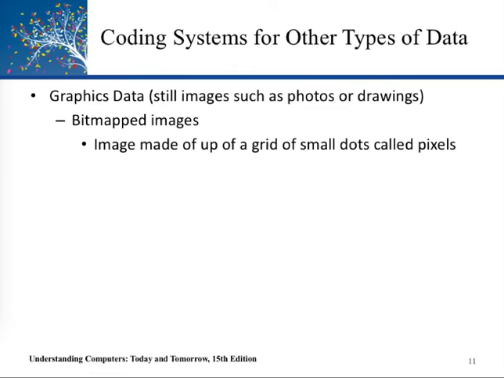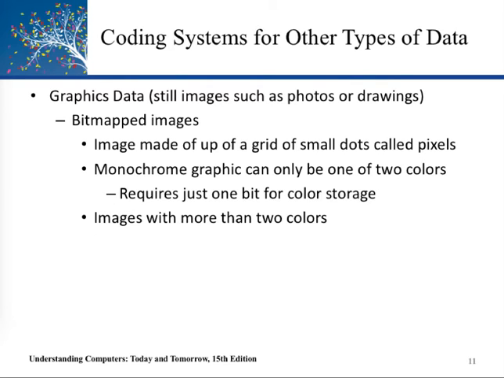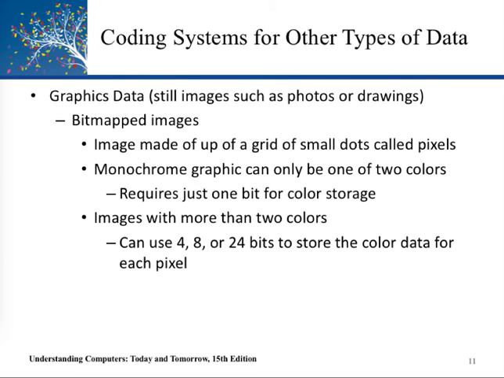And there's an axis, a Y and an X, and where that dot happens to fall on that axis, the more dots you fill in, the more detailed of a picture you can create. Now, if something's monochromatic, it means it only has 2 colors, so it's 1 bit for each color. But you can still represent a picture, but if it has more than 2 colors, we can use a different amount of bits.